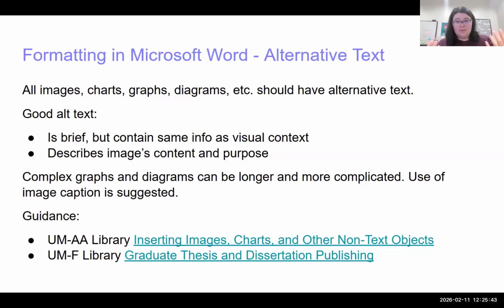Sometimes there are more complicated images like scatter plots, or a really long bar graph that you can't explain in all that detail in alternative text, because again, it should be fairly brief. So describing these complex images takes a little bit longer and is a little more complicated.